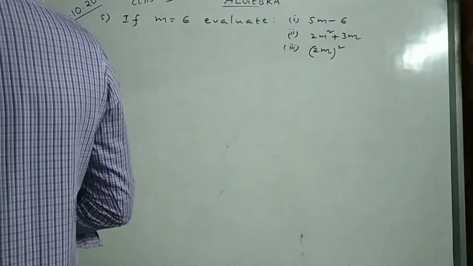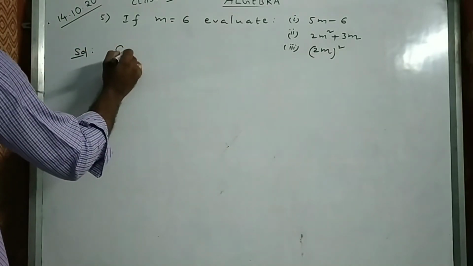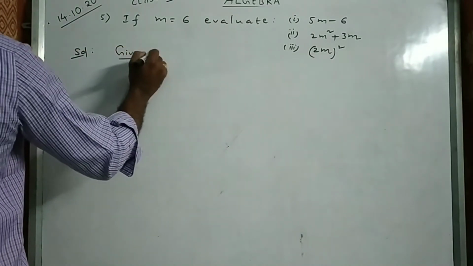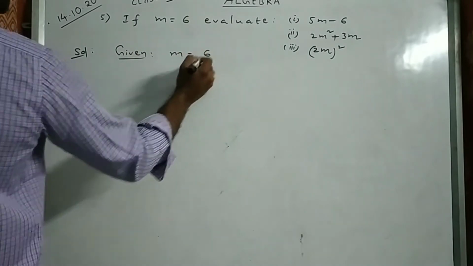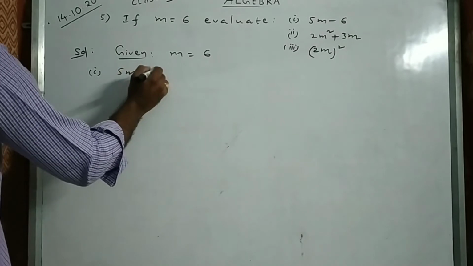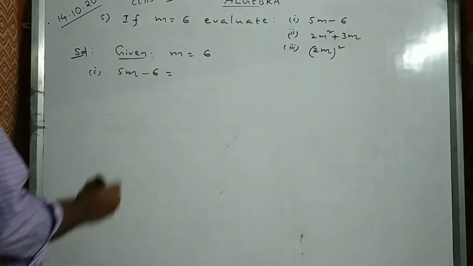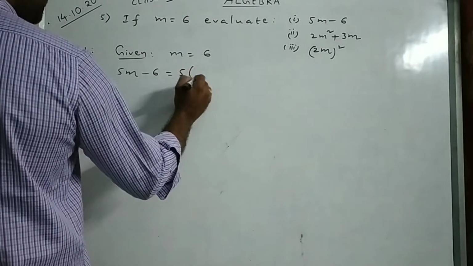That is the question. So what is given here? M value how much? 6. So first question 5m minus 6. So what is the value of m here? 6. So in the place of m keep 6.